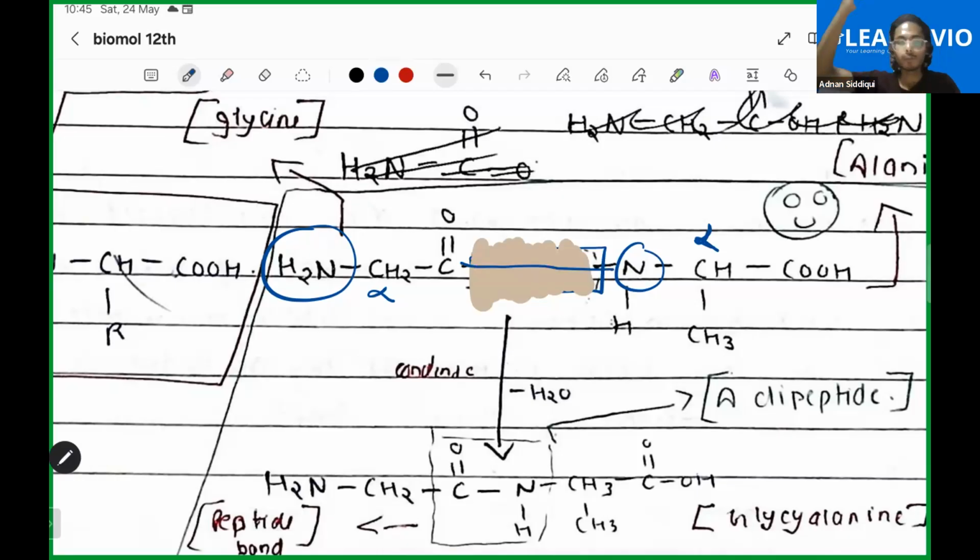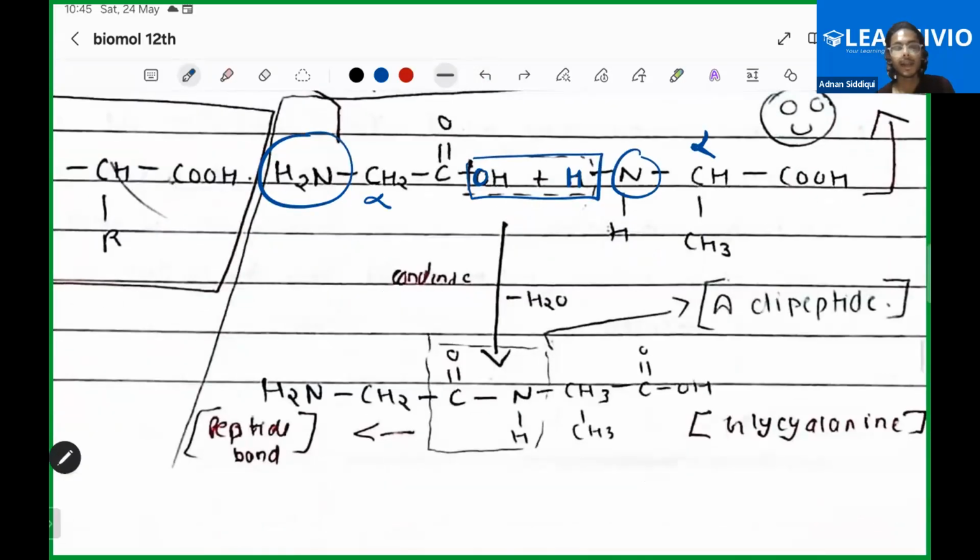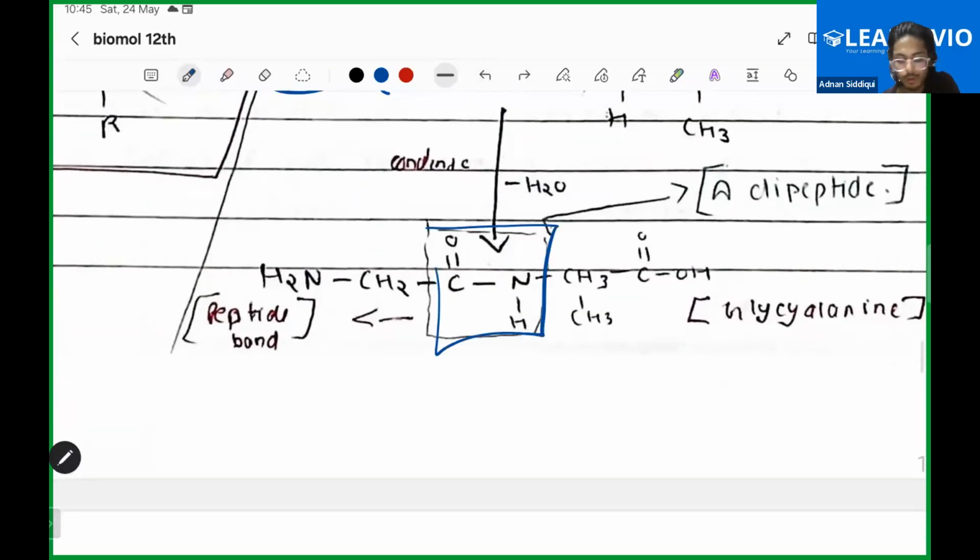You are removing the water molecule and connecting these two sides. So this H2O will be removed, the removal of H2O is called condensation, and this bond will be formed.